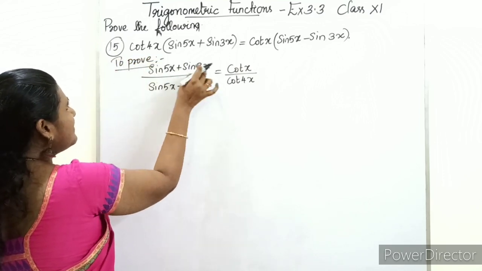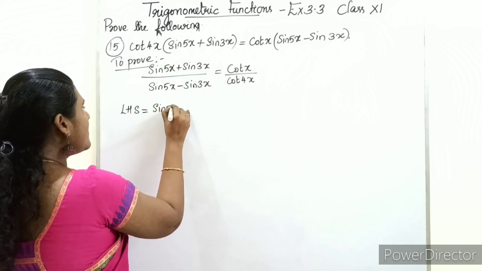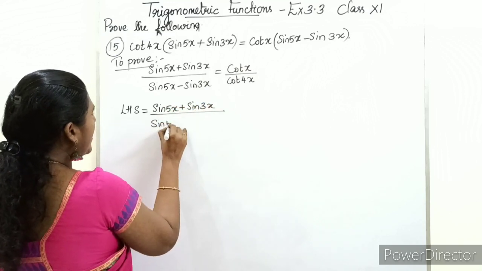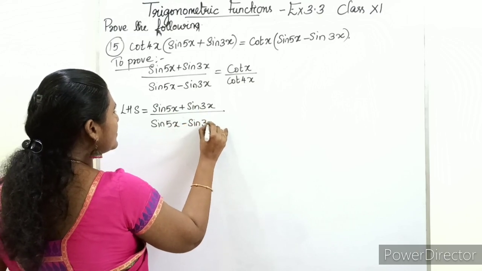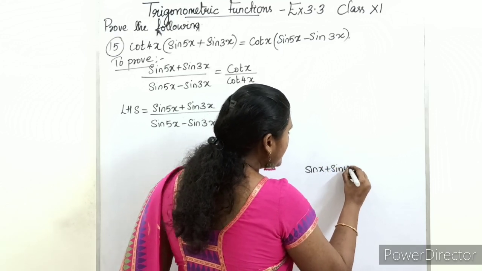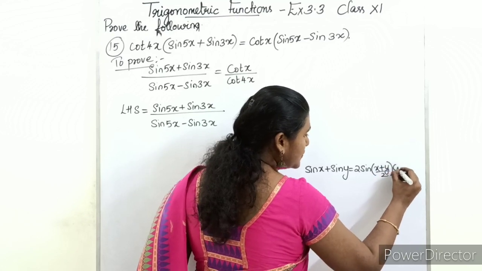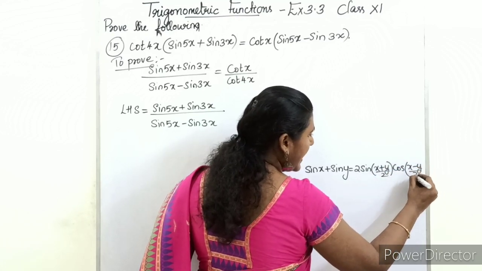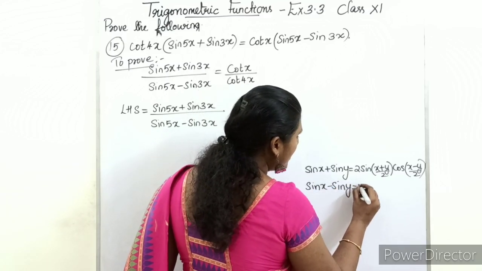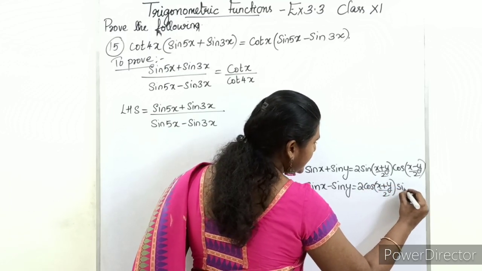So what we will do, we will take the left side expression. So LHS is equal to (sin 5x plus sin 3x) divided by (sin 5x minus sin 3x). So here we will use the identity, that is sin x plus sin y is equal to 2 sin (x plus y) by 2 into cos (x minus y) by 2. And similarly, the sin x minus sin y identity is 2 cos (x plus y) by 2 into sin (x minus y) by 2.